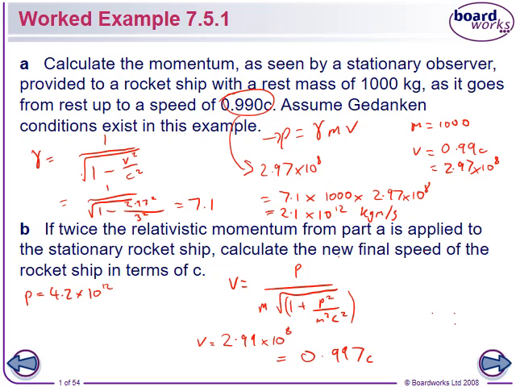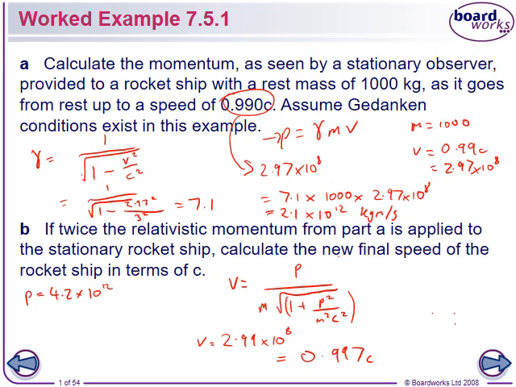Now, this is the point of this problem. We started off with this momentum here. Our rocket was travelling at 99% of the speed of light, 0.99 times c. If we double this momentum, this is an enormous number; if we double it, it becomes an even more enormous number. But look how tiny the change in velocity is.